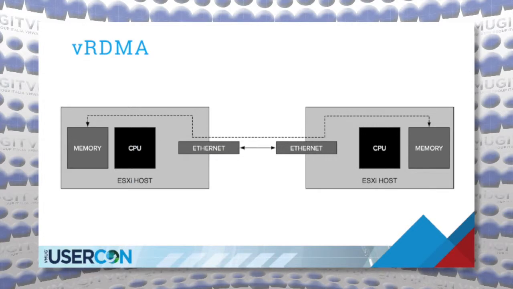We have InfiniBand, we have iWARP, and nowadays, from a vSphere perspective, only RDMA over Converged Ethernet is supported, but we will probably see some adoption of other high-speed transport networks as well. That can be an interesting use case, because you are now able to communicate directly from memory to memory between multiple VMs and multiple ESXi hosts over that high-speed transport network.